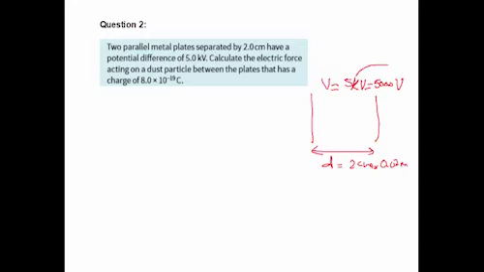We are converting from kilovolt to volt, so multiply by 1000. Calculate the electric force acting on a dust particle between the plates. If there is a particle here with a charge of 8 times 10 to the minus 19 coulomb, and this is SI unit, no need to convert it.